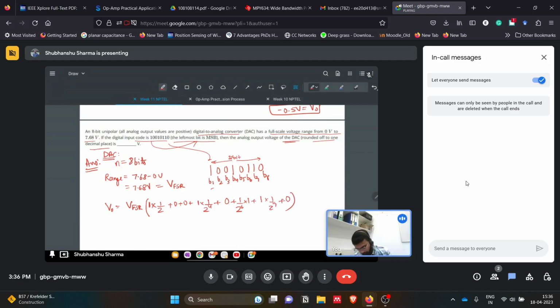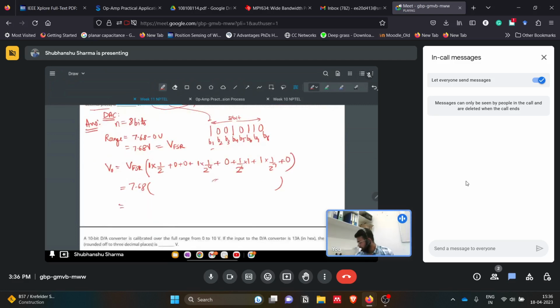And we know the VFSR value, that is 7.68 divided by this, so this will be 8.